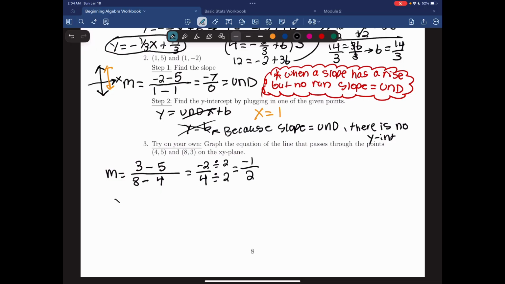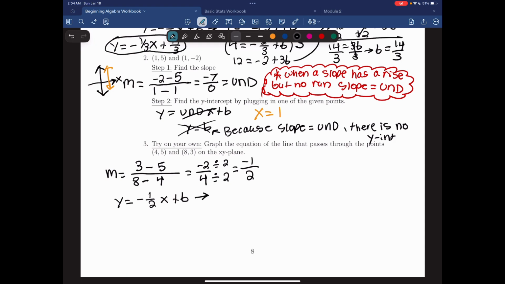Now using that slope, we can set up our linear equation. So we have y equals negative 1/2 x plus b. When you did this on your own, you could have plugged in either of these points, and both are equally correct. But because the point (4, 5) has smaller values, I'm just going to plug in that point.